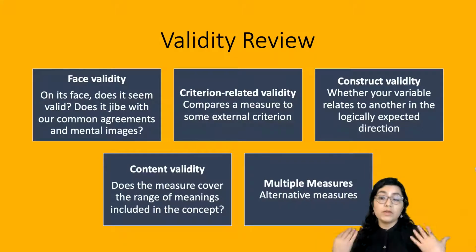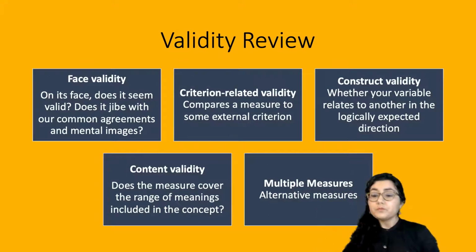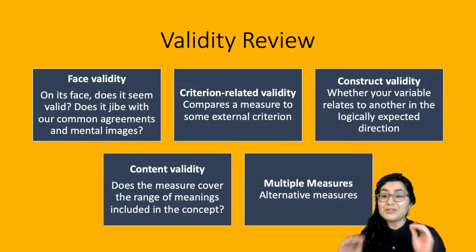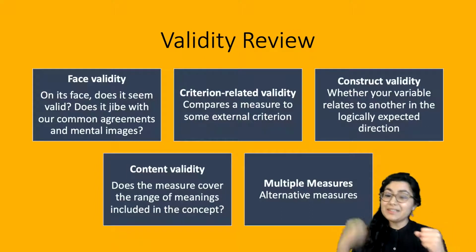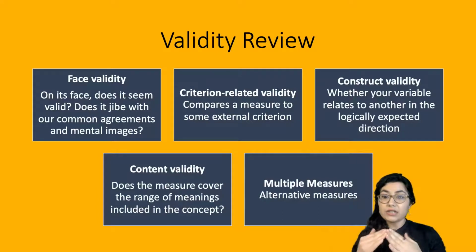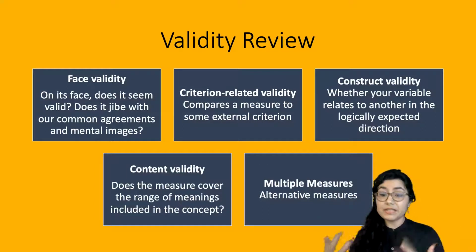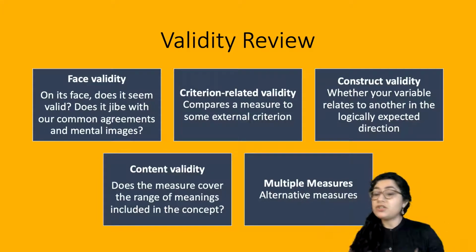And then when we talked about validity prior, we also talked about the two qualities of measurement, reliability and validity. Reliability is consistency, but validity is actually ensuring that our measure is the truth. So I gave you the example of a police officer who has a speedometer, and if the speedometer is saying that someone's going 70 miles per hour, but in actuality they're going 65, then that means there's not strong validity.